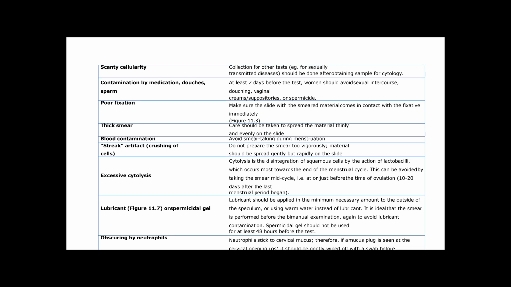Then next one is lubricant or spermicide gels. So here, lubricants should be applied in the minimum necessary amount to the outside of the speculum, or use warm water instead of lubricant. It is ideal that the smear is performed before the bimanual examination, again to avoid lubricant contamination.